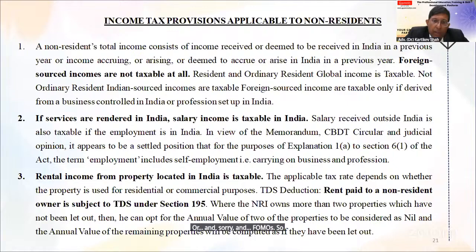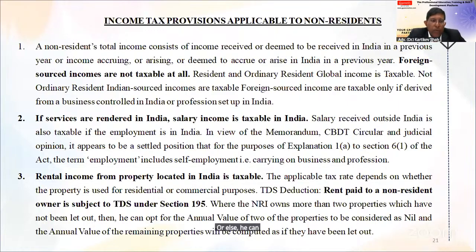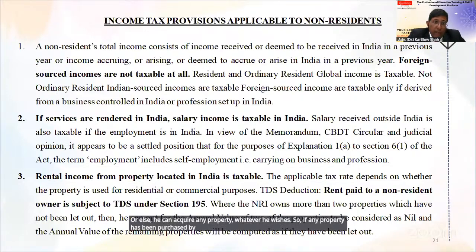A non-resident cannot acquire agricultural land and farmhouse, but he can acquire any other property he wishes. So if any property has been purchased by a non-resident and rental income is generated, then that is also taxable.